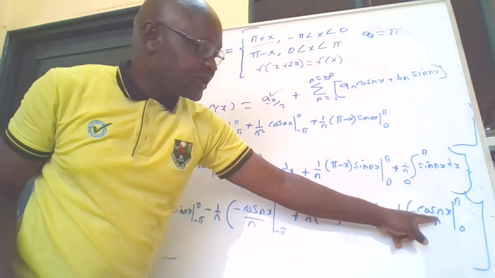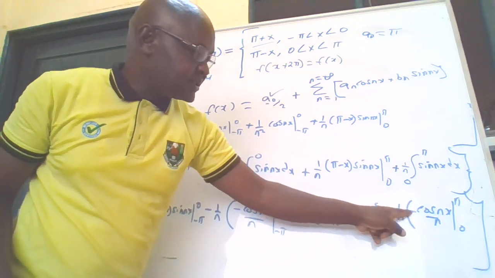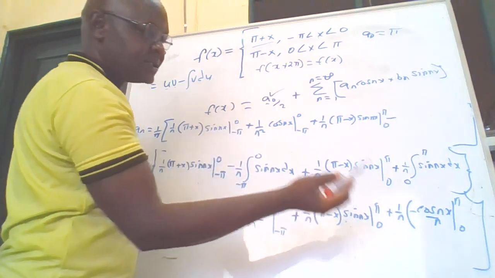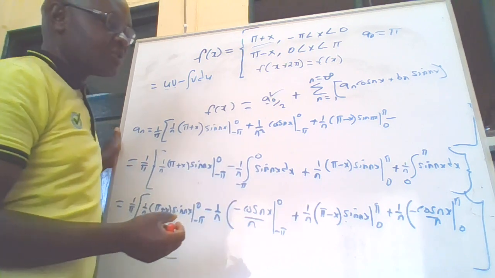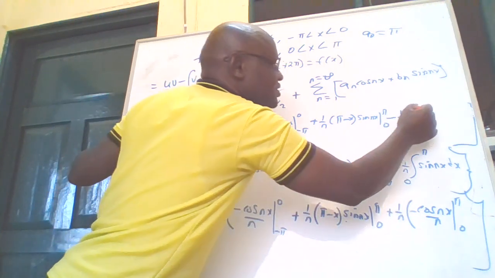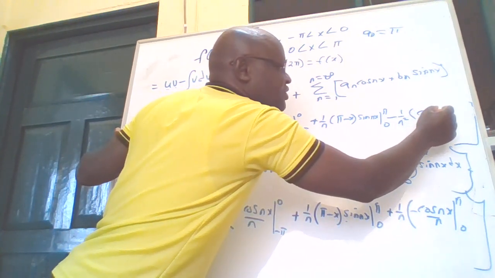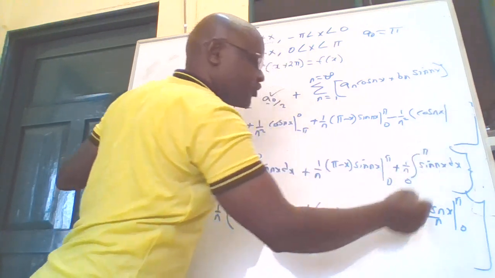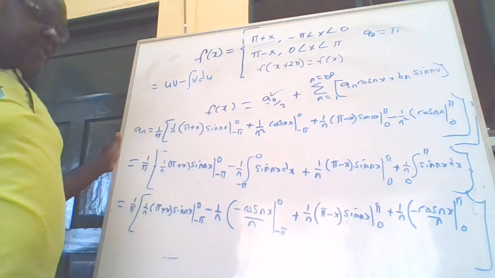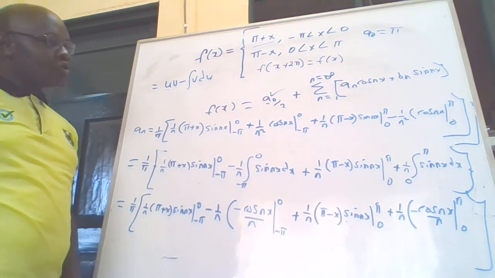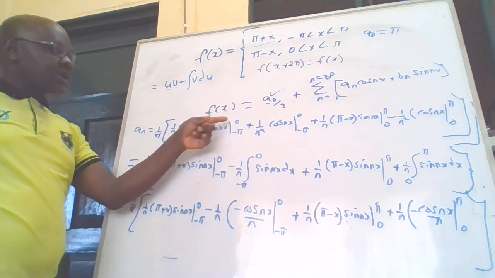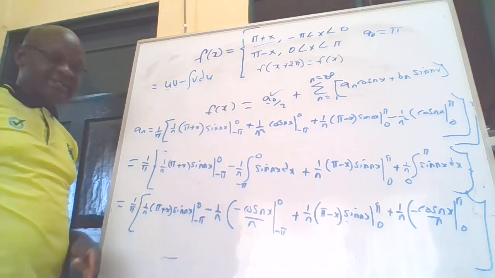Here I will take 1 all over n outside, but again this sign and this one, positive and negative will be negative, so I have minus, then take 1 all over n outside, so we have 1 all over n squared into cos nx, then from 0 to pi. So that is it. So I've done with the integration. So what is remaining now is for us to substitute the limits.